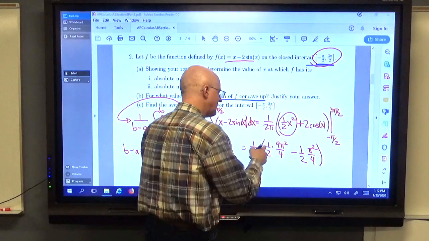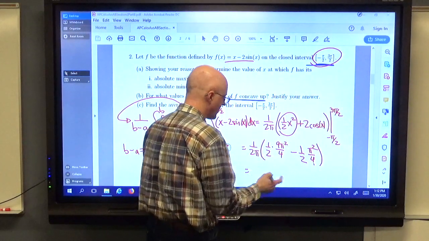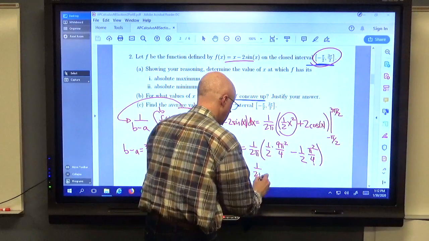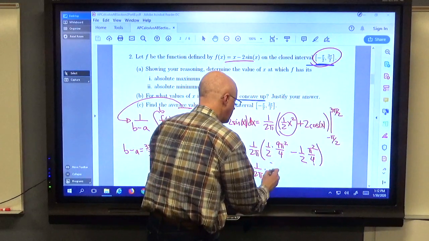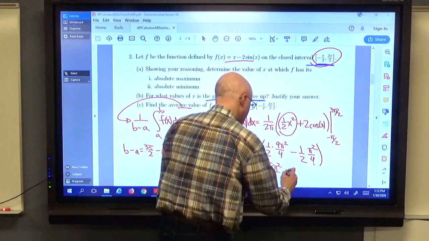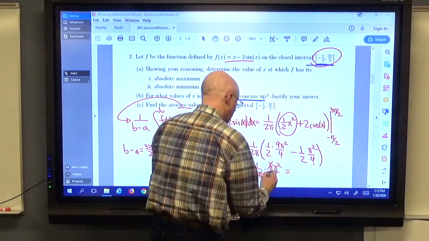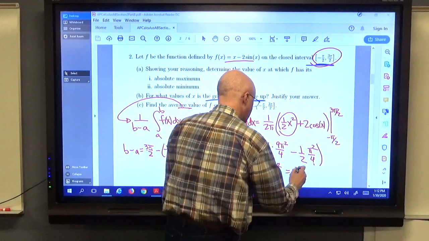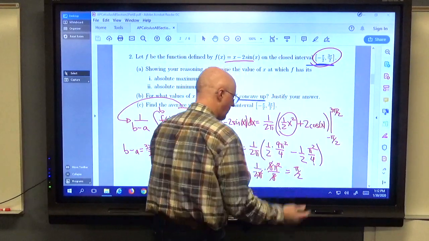So it looks like we have 9 pi squared over 8 minus pi squared over 8. That'll be 8 pi squared over 8, or just pi squared. The 8's cancel. One of the pi's cancels. The final answer is pi over 2, which is about 1.57.